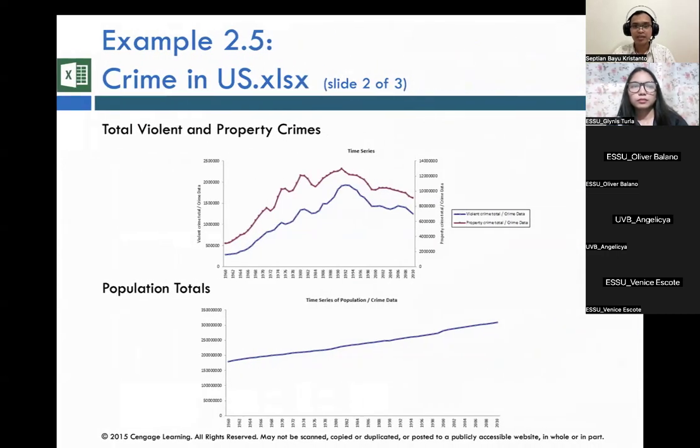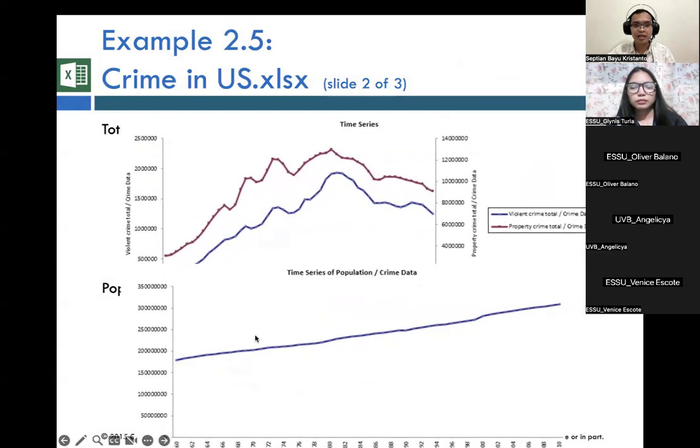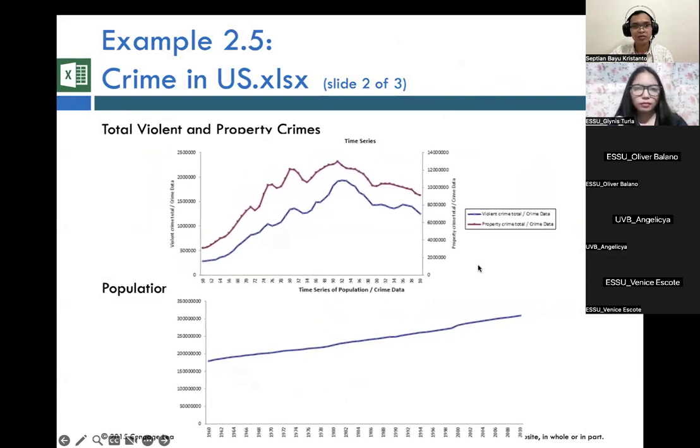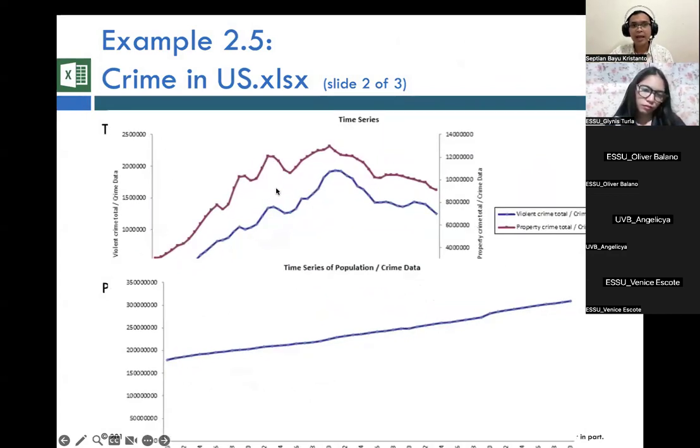For example, you can find property charts like this one, starting from 1980 to the 2010s. This is a kind of time series data.